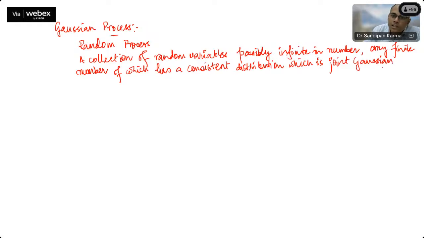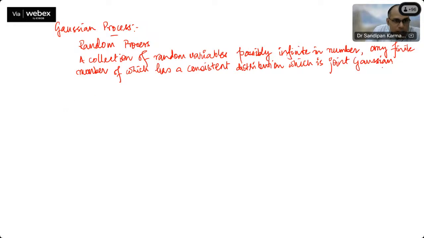So it will be a collection of random variables, possibly infinite in number, and if I take any finite set of those random variables, they will be jointly Gaussian distributed, or normally distributed. So that is basically the Gaussian process.